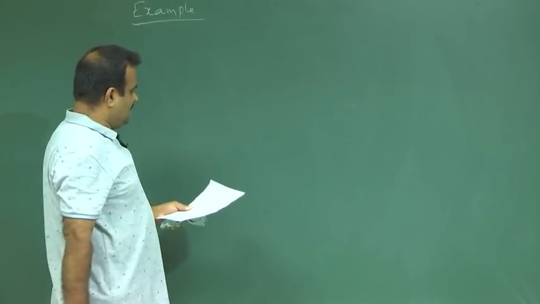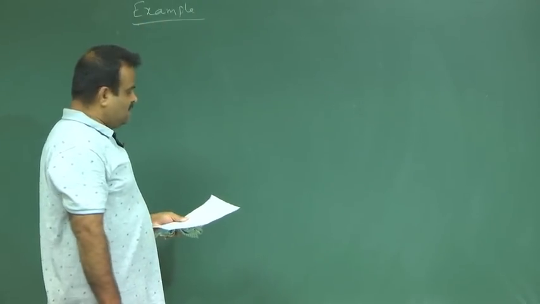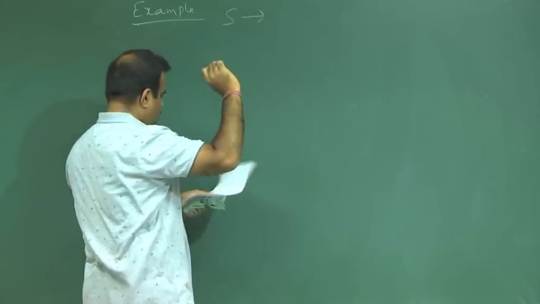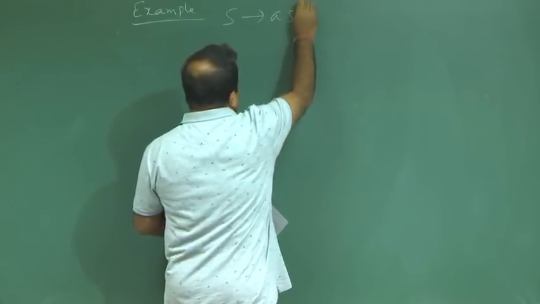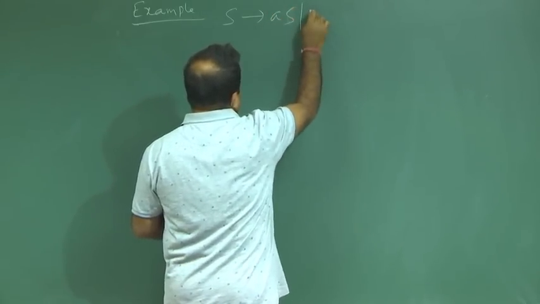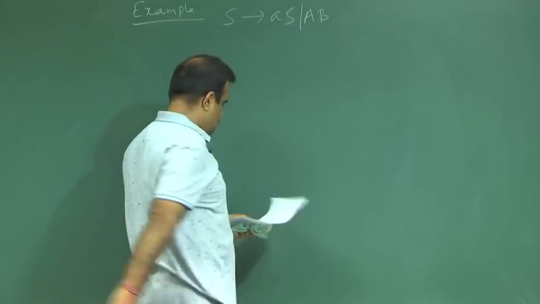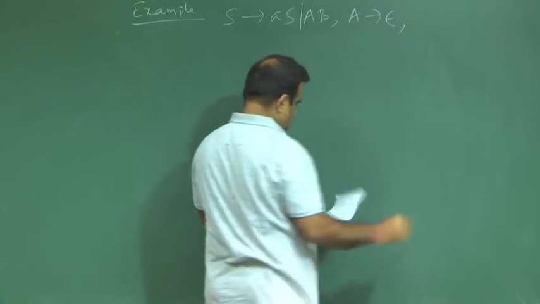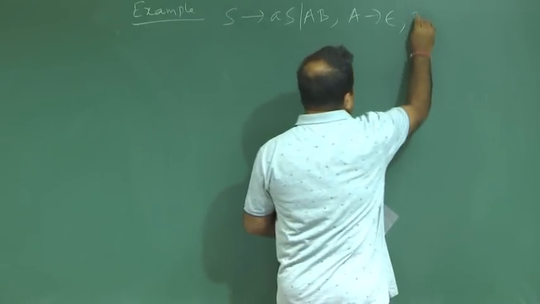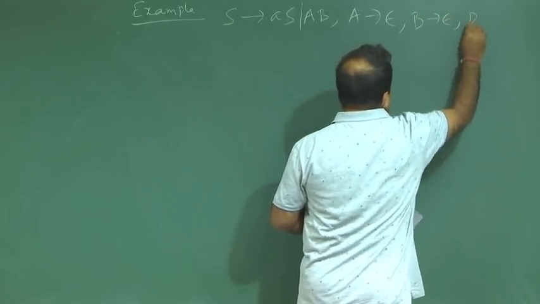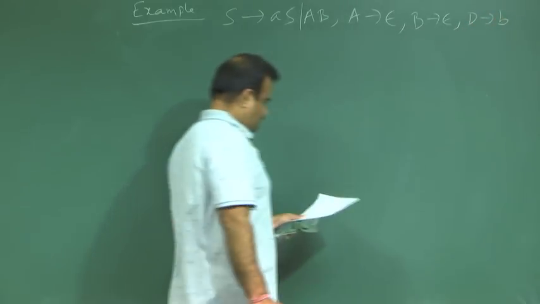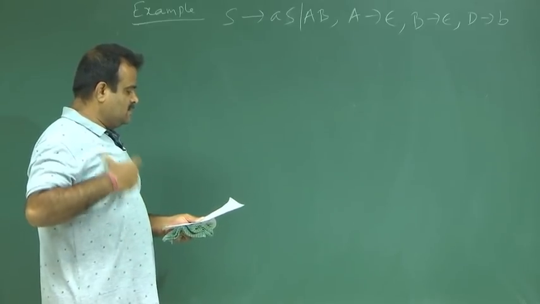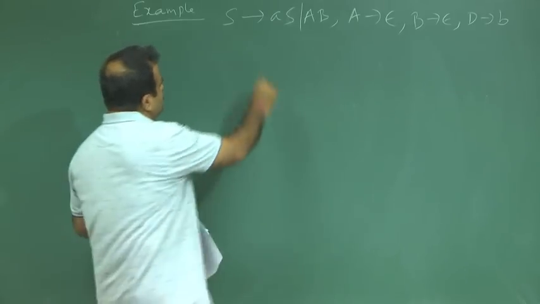We have a few variables S, A, B, and terminals small a, small b, and we have the rules like this: S goes to aS, capital A B, then A goes to epsilon, B goes to epsilon, and D goes to B. So S, A, B, D are the variables. Now, suppose this is given, this is our G.